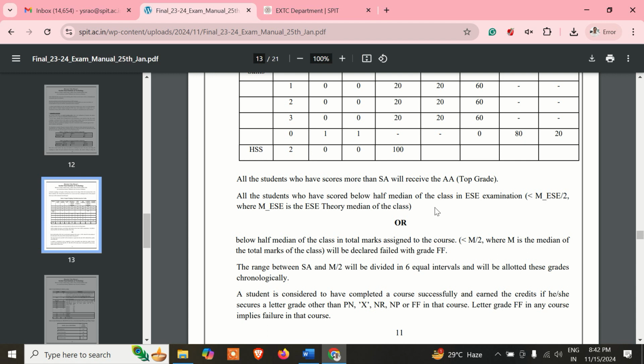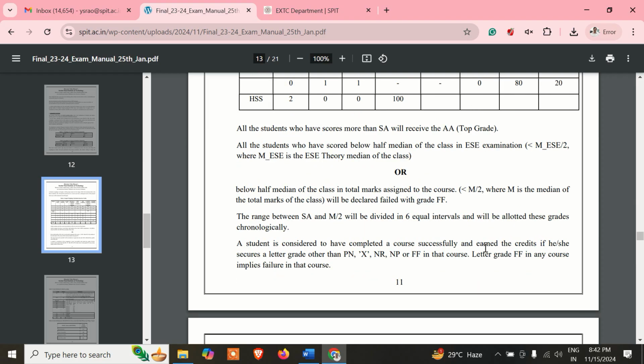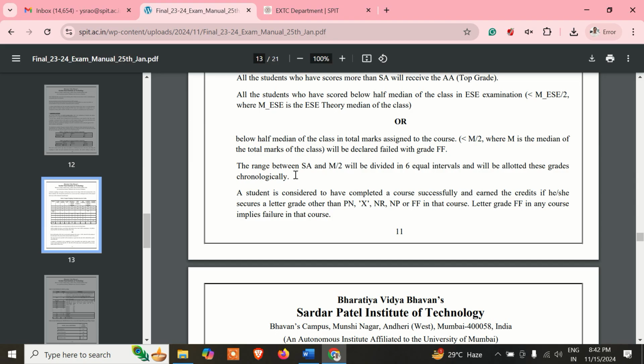Other than that, also calculate the median of that class divided by 2, median by 2. Below median by 2, if any student scores marks, they are declared as a fail grade.